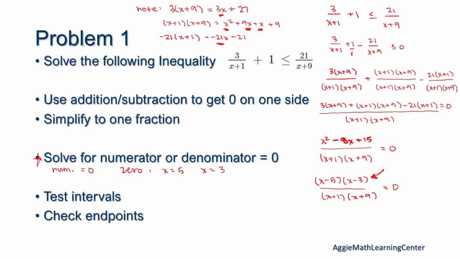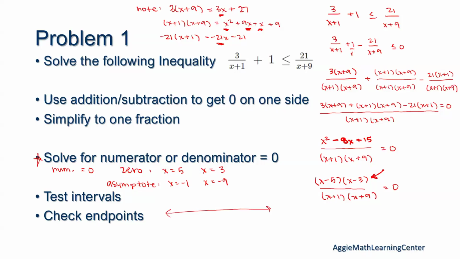So those are the zeros of the numerator, right? Okay, and then when our denominator is 0, we have an asymptote. So basically just a value that our function can never ever be equal to. And we'll have one of those when x equals -1, and we'll have one when x equals -9.